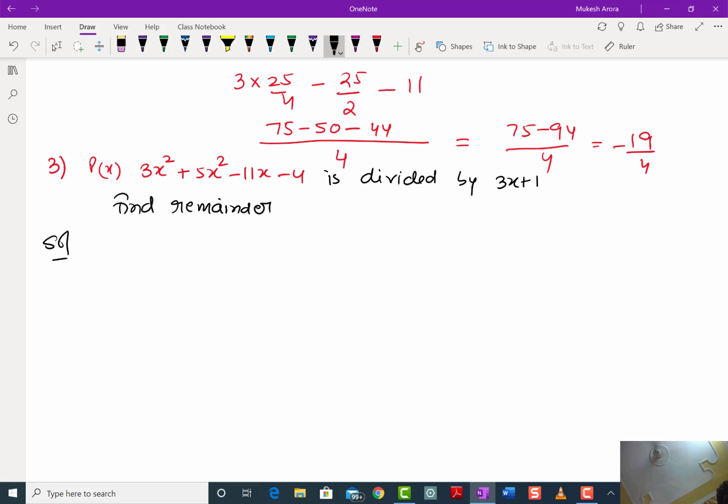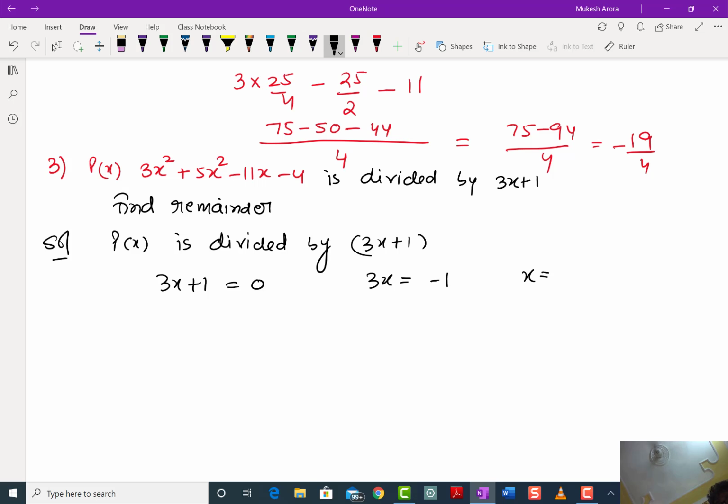Solution: p(x) is divided by 3x plus 1. So 3x plus 1 is equal to 0, 3x is equal to minus 1, x is equal to minus 1 by 3. p(minus 1 by 3).